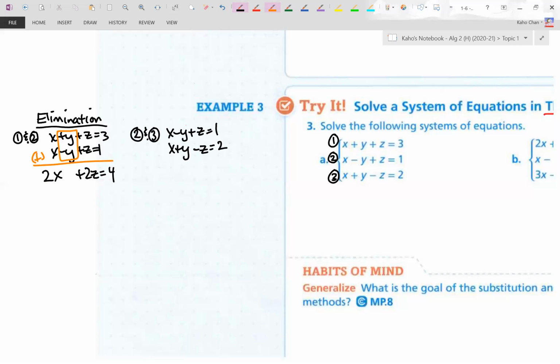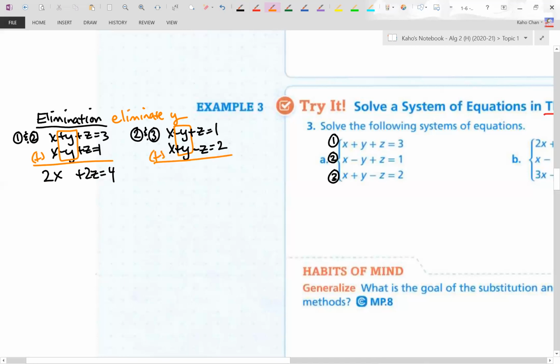Remember, our goal is to eliminate y first. You could have picked any other letter, but y seems the easiest to do. I'm going to add those columns. 2x, y's go away. The z's go away too. Bonus.